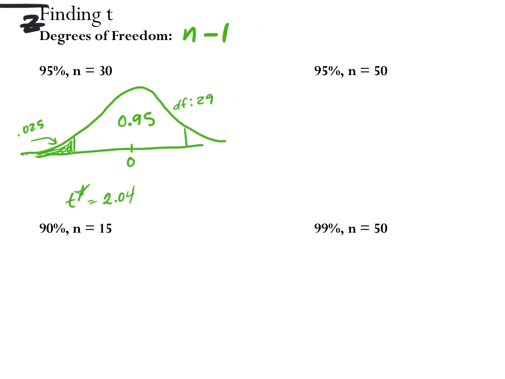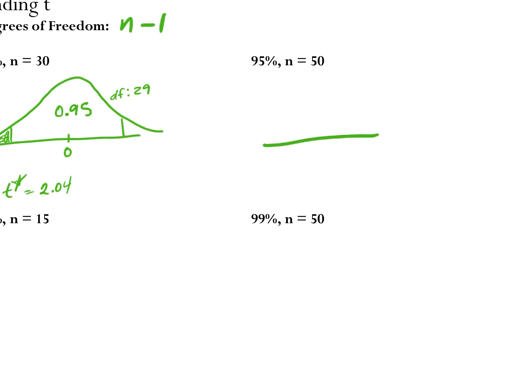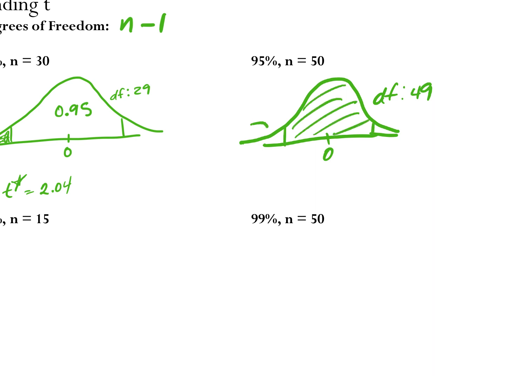Okay, so my degrees of freedom shifts to 49. But other than that, it's the same picture. My left-hand area is 0.025, so that's the one I'm going to put into the calculator. And I think we end up with like a 2.01.